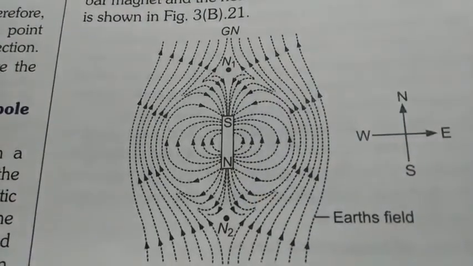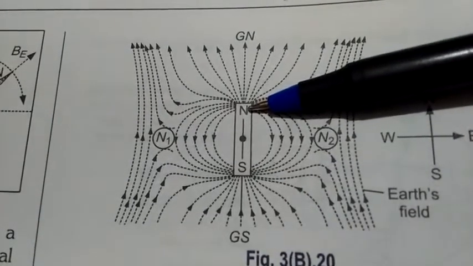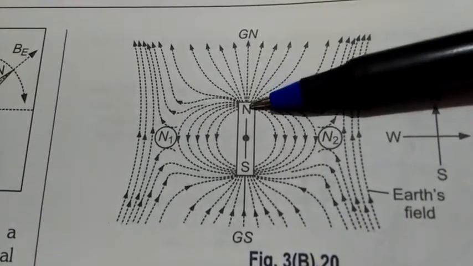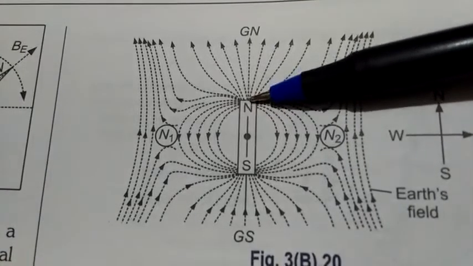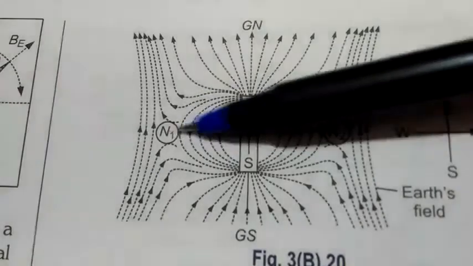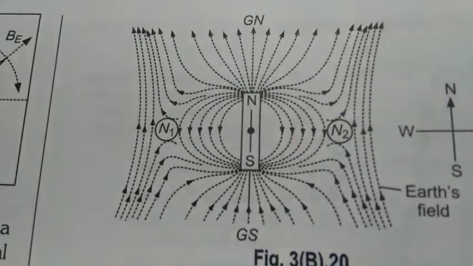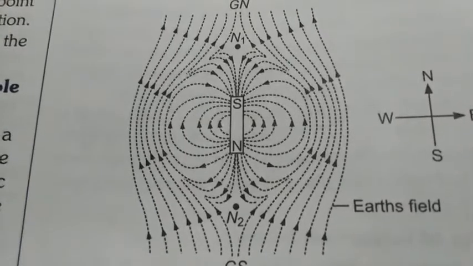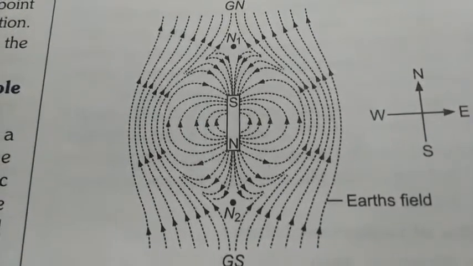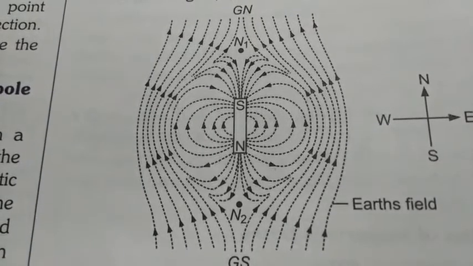Once again I am showing you the difference. Here you can see when the north pole of the magnet is kept close to the north pole of the Earth, this is the position of neutral points. And when it is kept in the opposite manner, you can see a different direction of neutral points.